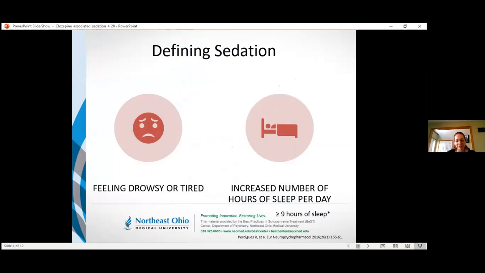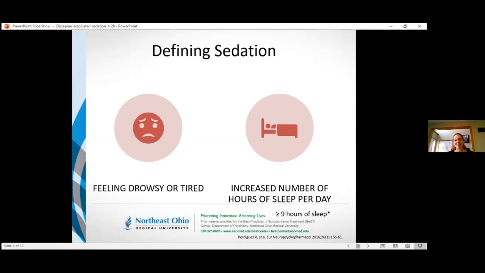In some of the early clinical trials, there were a number of different adjectives that were used. So patients could report dizziness, tiredness, sedation, somnolence, and they all were reported separately. So depending on which one you look at, if I thought it was sedation versus somebody else said, well, maybe I'm just fatigued or tired, it could alter those percentages quite a bit.